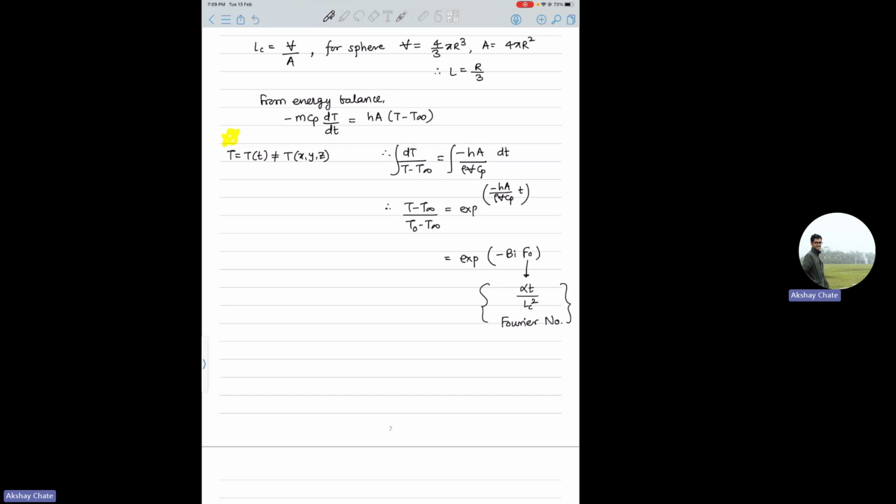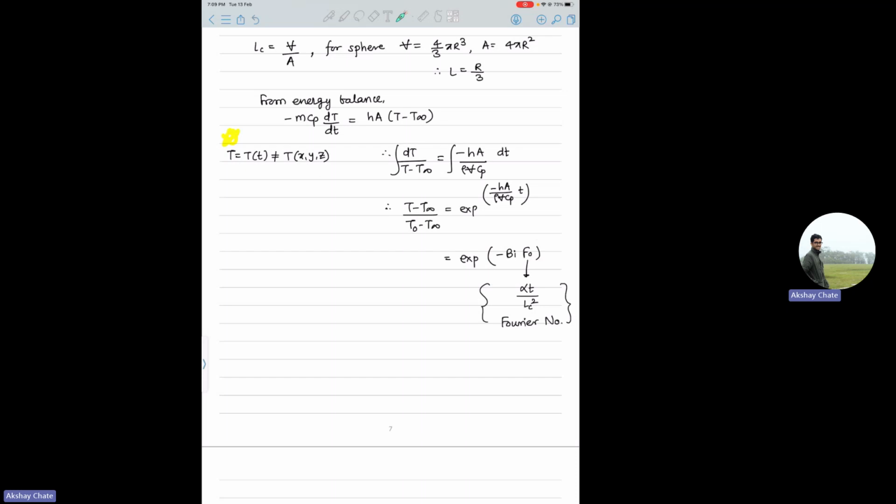Basically, the Fourier number represents the time part, or the temperature variation specifically due to time. The Biot number is a material and system property. The Fourier number is also a material property, but it has time. So if any question requires you to compare times, you should compare Fourier numbers. We'll take one problem regarding this, but you should know it.